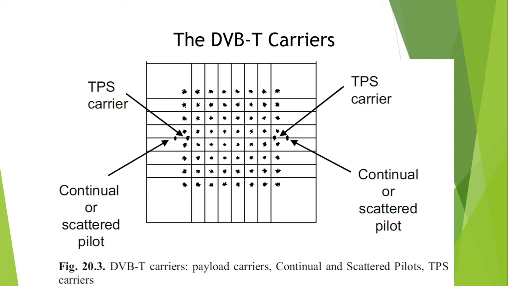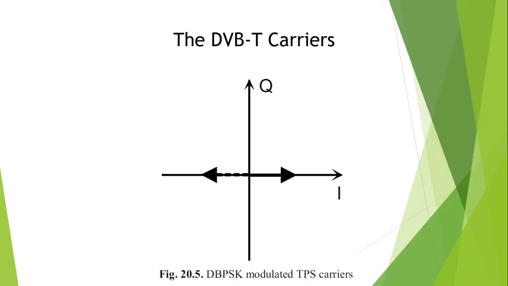Each scattered pilot jumps forward by 3 carrier positions in the next symbol. That is, in each case, 2 intermediate payload carriers will never become a scattered pilot, whereas those at every 3rd position in the spectrum are sometimes payload carriers and sometimes scattered pilots. The scattered pilots are also on the I-axis at 0 degrees and 180 degrees and have the same amplitude as the continual pilots.